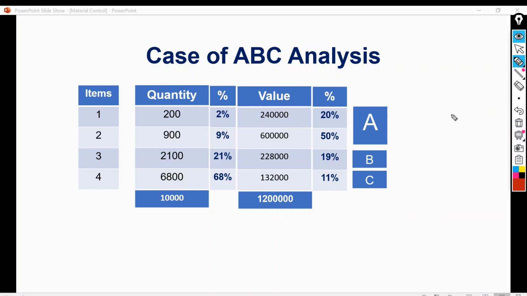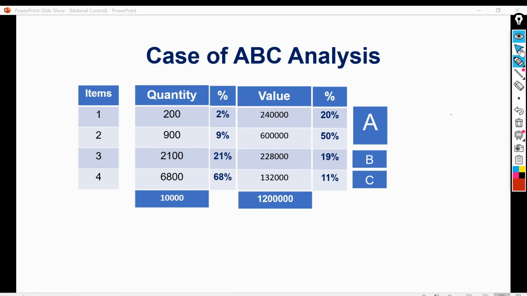And what is the advantage of ABC analysis? Strict control over items involving a large investment. Better alternative use of available working capital based on the weighted age of items. Minimum inventory cost, both procurement and carrying cost.